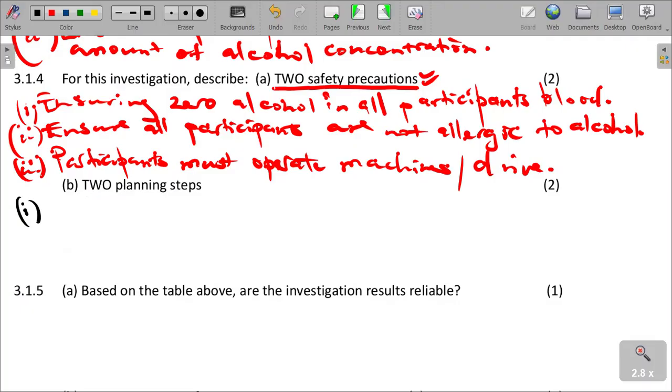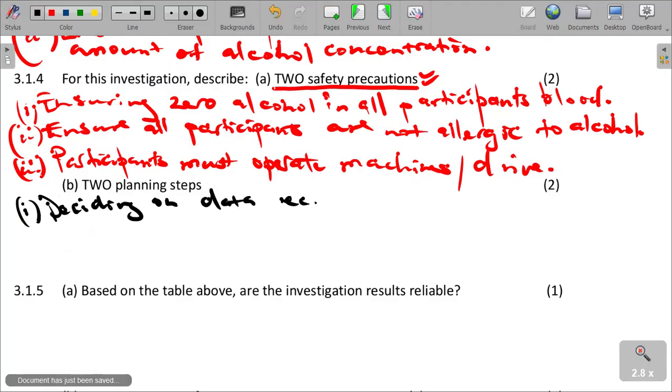So you are going to decide on data recording methods.